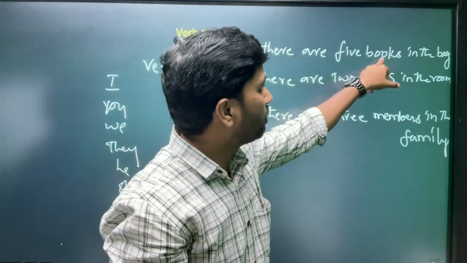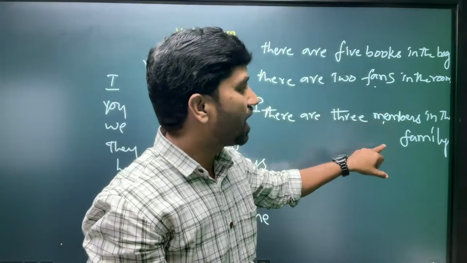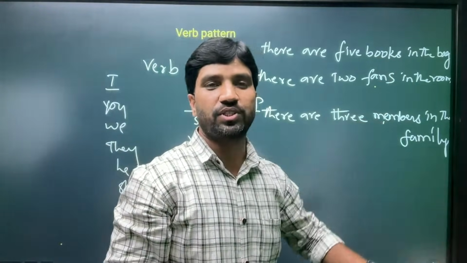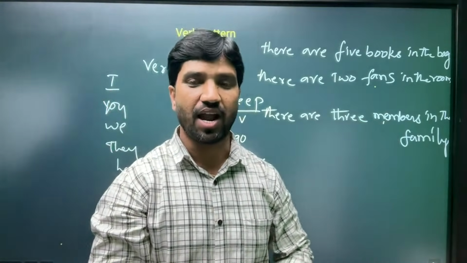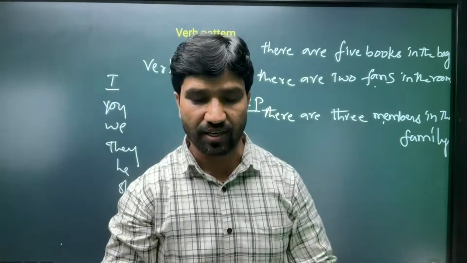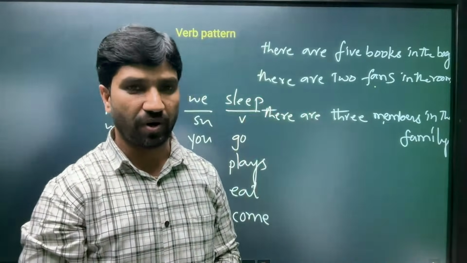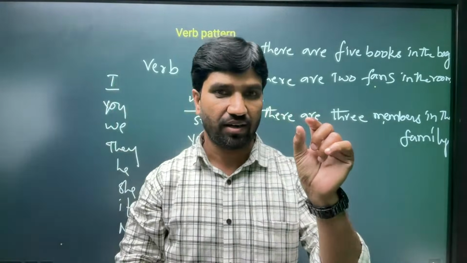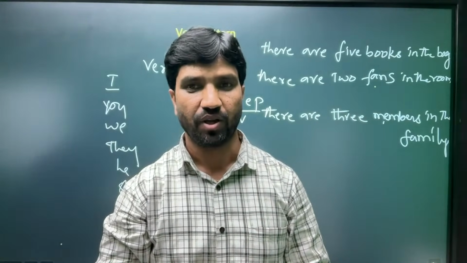And the nouns books, fans and members are plural. And next, there are 5 benches in the class. And next one is there are 5 students in the room. So in this way we used to write the verb pattern. See, based on the given sentence, we used to write the remaining 4 sentences. That's very important.